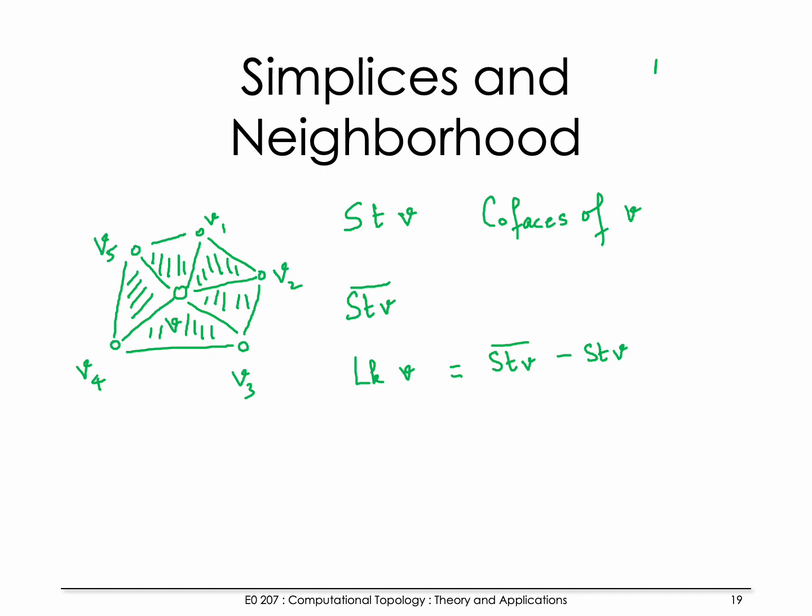So the link of V in this case is the collection of all the simplices that are in the closure of the star, but not incident on V. Whatever I'm trying to draw here in black are those simplices that are in the closure of the star, but are not incident on V. So this is called the link of V.